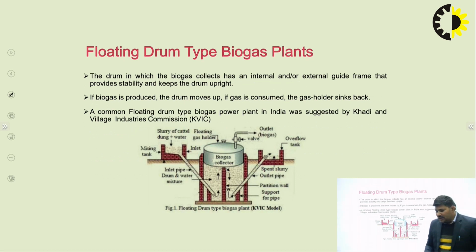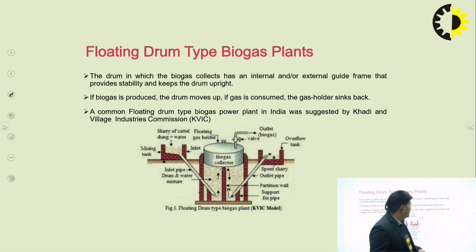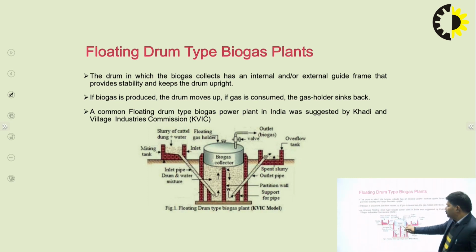So we can see here the floating drum type biogas plant, the drum and floating gas collectors. The drum in which the biogas collects has an internal or external guide frame that provides stability to keep the drum upright. If biogas is produced, the drum moves up.